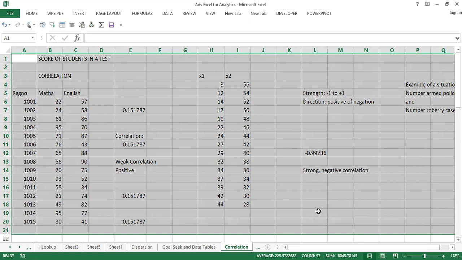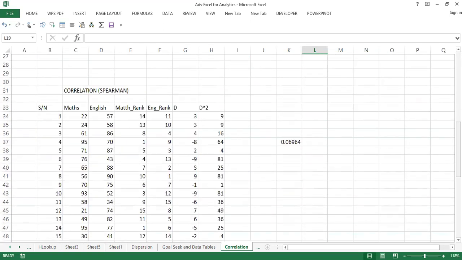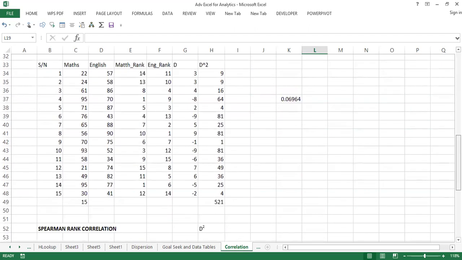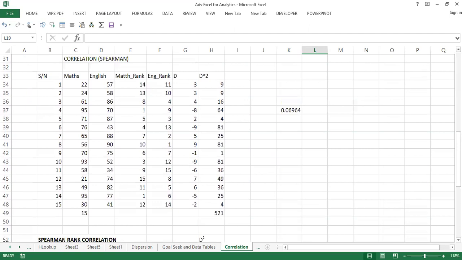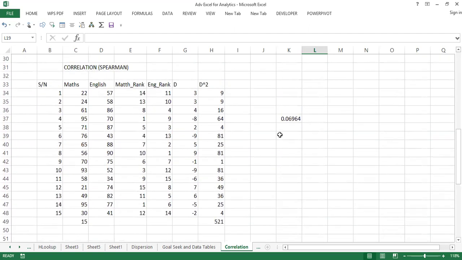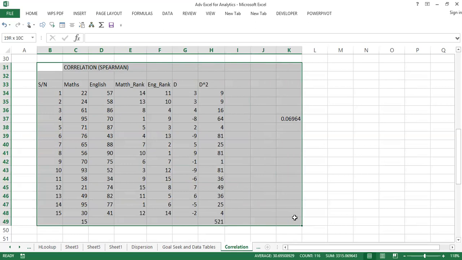There's another type of correlation which we'll look at next time, not today, because it's kind of longer. It will take more time to explain this. That's the Spearman's correlation.